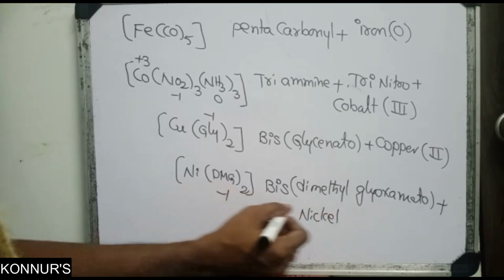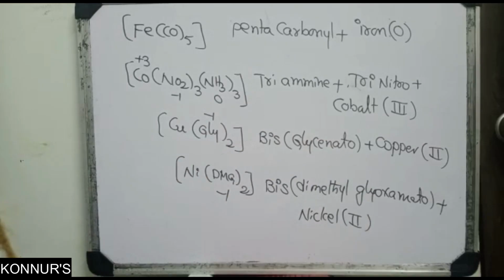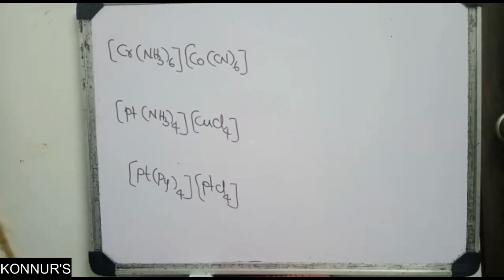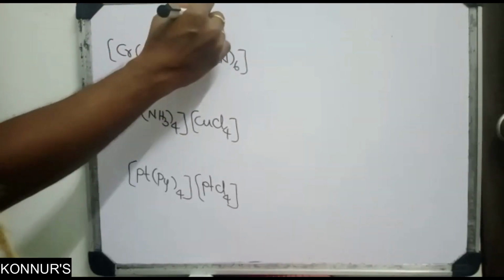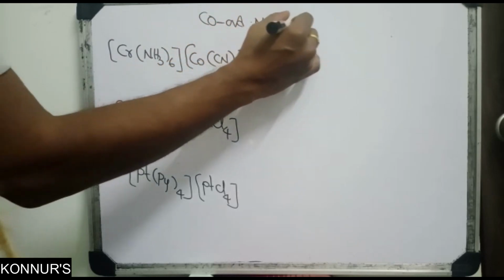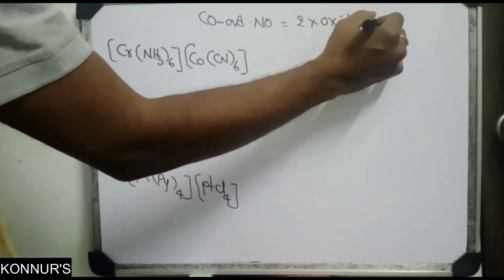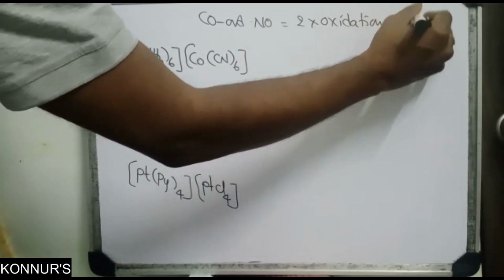So minus 1, 2 negatives means that gets 2 positives. Nickel 2. Here, 2 complexes pair. Such type of names are asked, and one basic point we have: the coordination number equals 2 into the oxidation state. This is very fundamental.